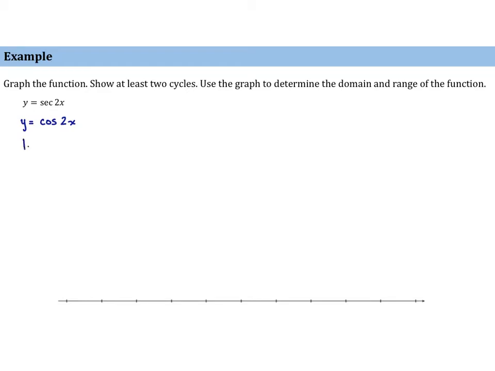The amplitude of this function is 1, but we have a horizontal compression of 2, so that means that our period, instead of being 2 pi, will be divided by 2. And so this means the period is merely pi.